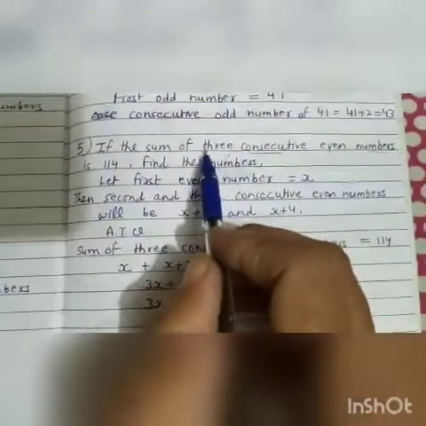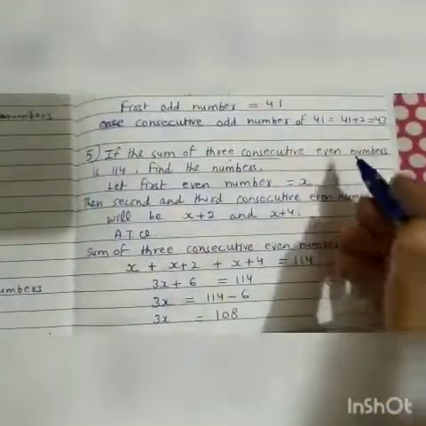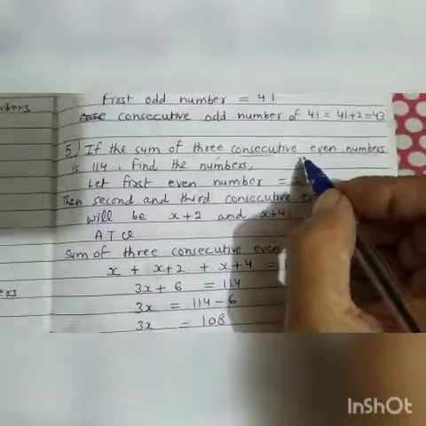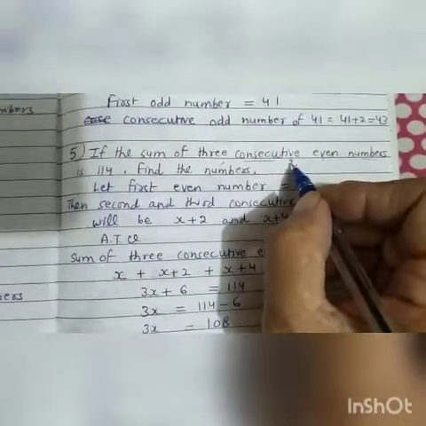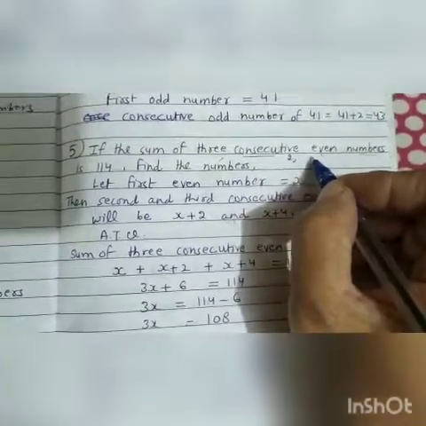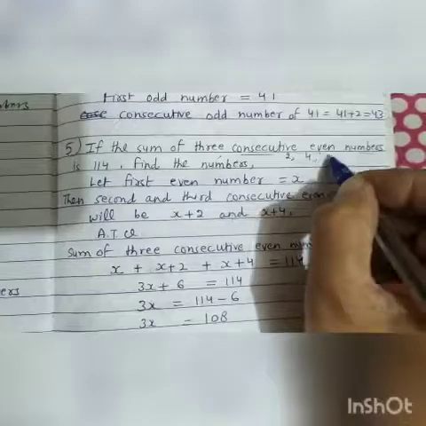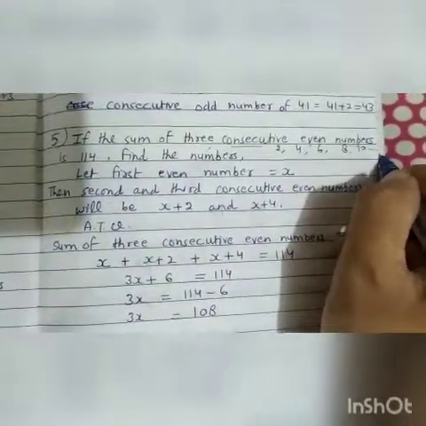And this time we are taking 3 consecutive even numbers, not 2. If we take the first even number 2, then the next even number will be 4, next will be 6, then 8, then 10, and so on.